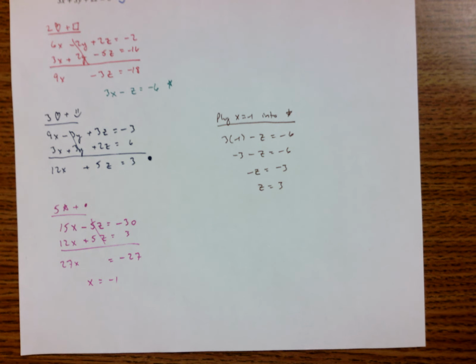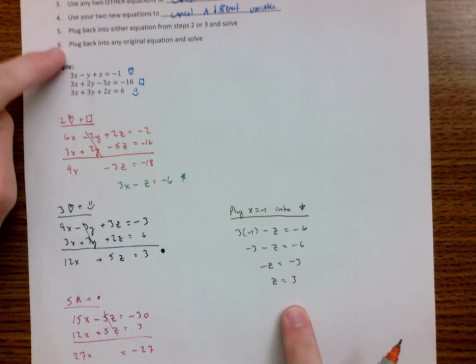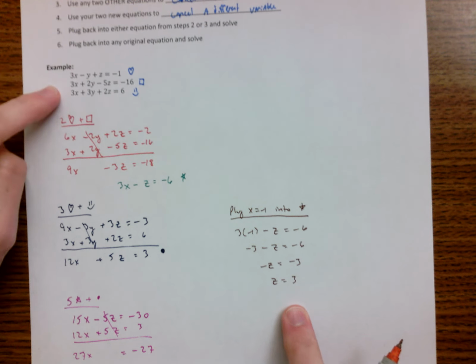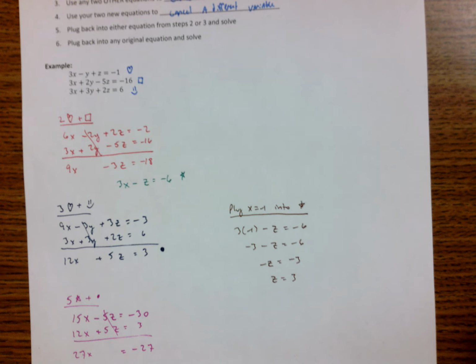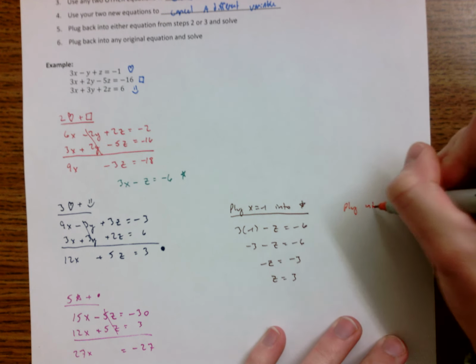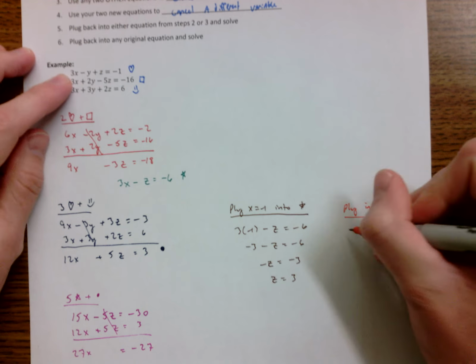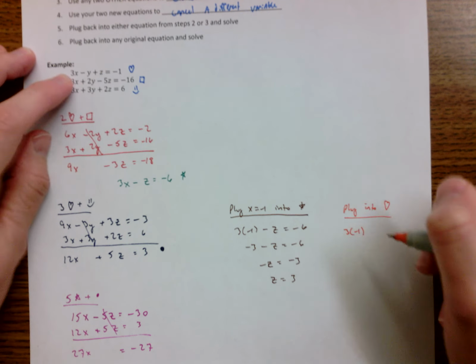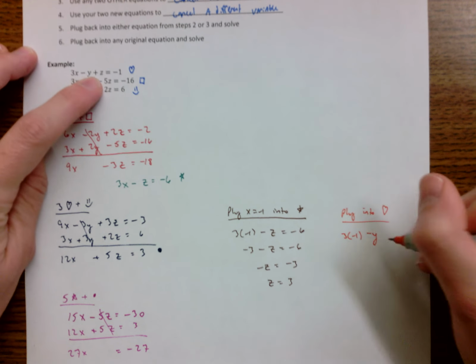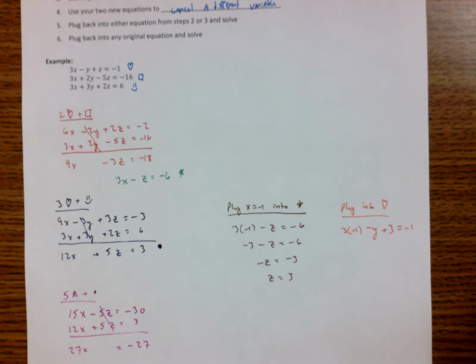All right, now I know 2 of my letters, so I'm going to take these 2 and plug them into any one of the original equations. Again, just pick the one that looks easiest. I think I'm going to use heart. So in my heart equation, it says 3 times x, so 3 times negative 1, minus y, plus z, which was 3, should equal negative 1.